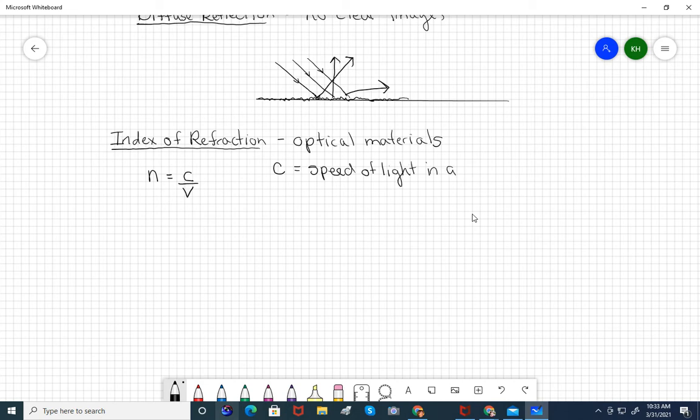In a vacuum. We already know what that is. That's 3.00 times 10 to the 8th meters per second. And V is equal to the speed of light in the material.